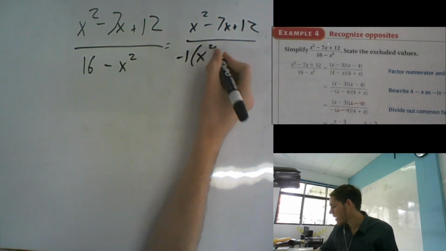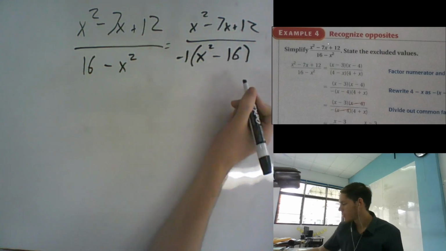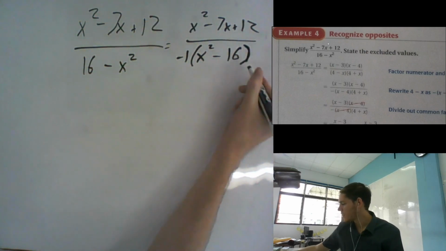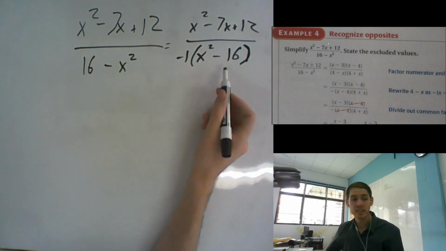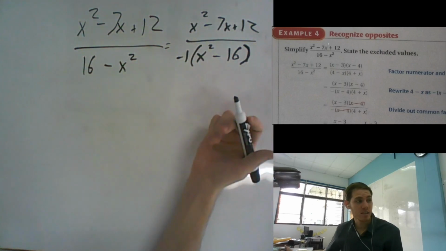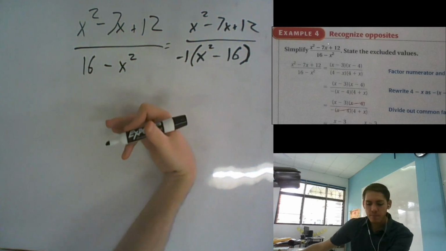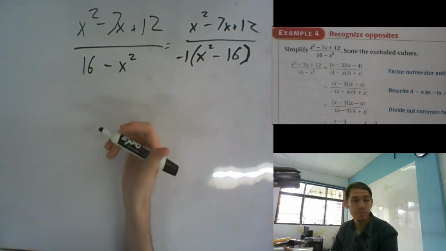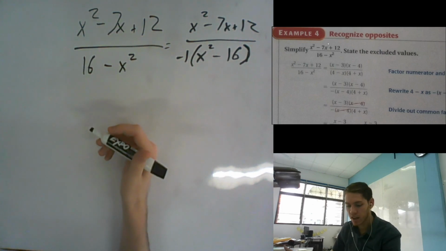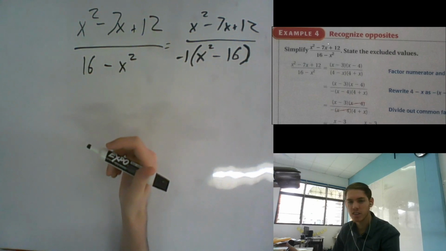So this would become x squared minus 16. The only reason I did that is because I want it in this shape. We're at 8 minutes. We'll probably finish at 30 minutes. They're definitely shortened. When I break up a section, it shortens it.